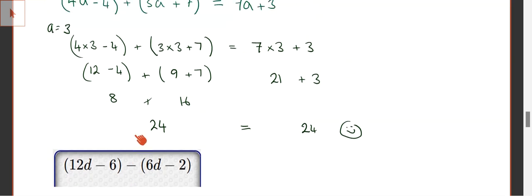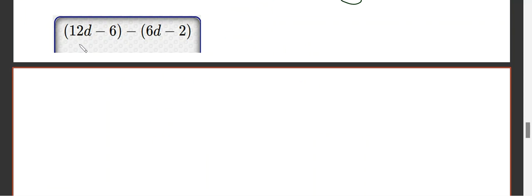So what do you think? 12D subtract 6 minus 6D subtract 2 is going to be? Simplify it first. 12D subtract 6D is 6D.